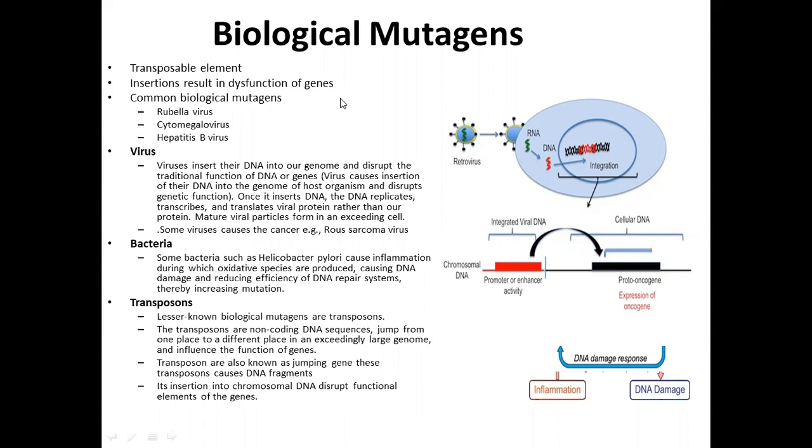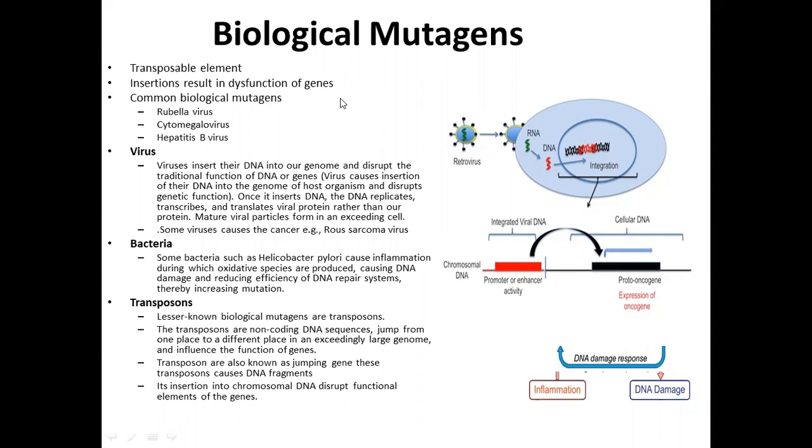These mature particles form in an infected cell. Some viruses actually cause cancer, for example Rous sarcoma virus. So the viruses are mutagens in that they insert their DNA in the human genome, and that viral DNA is going to replicate, transcribe, and translate into viral proteins instead of our proteins.